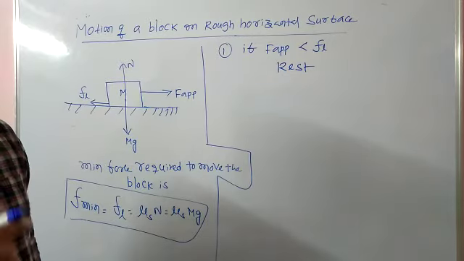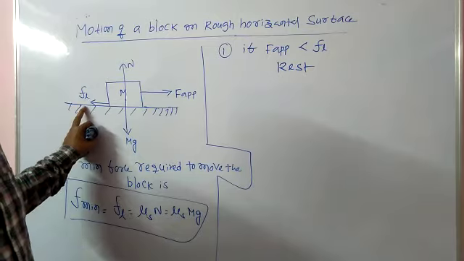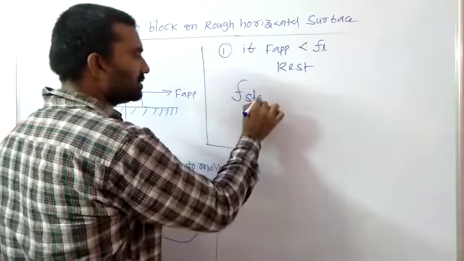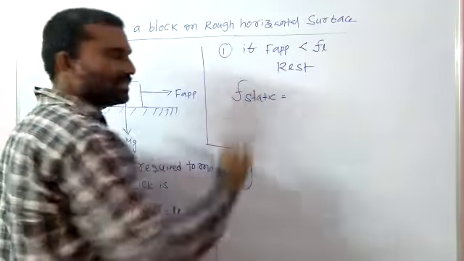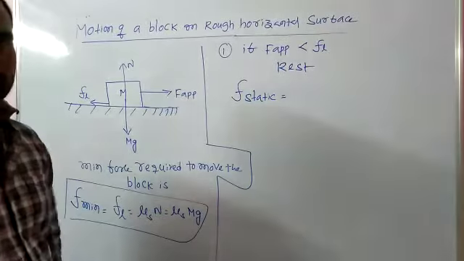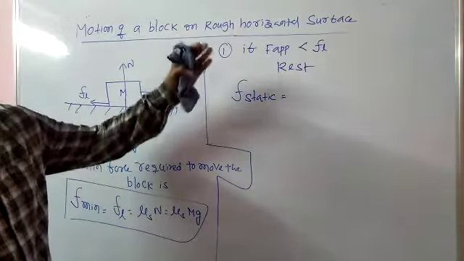When the block is at rest, friction is present, and it is static friction. Now this static friction is equal to what? Static friction is always equal to the applied force. Until the block starts moving, the applied force will be the same as static friction. What is static friction?